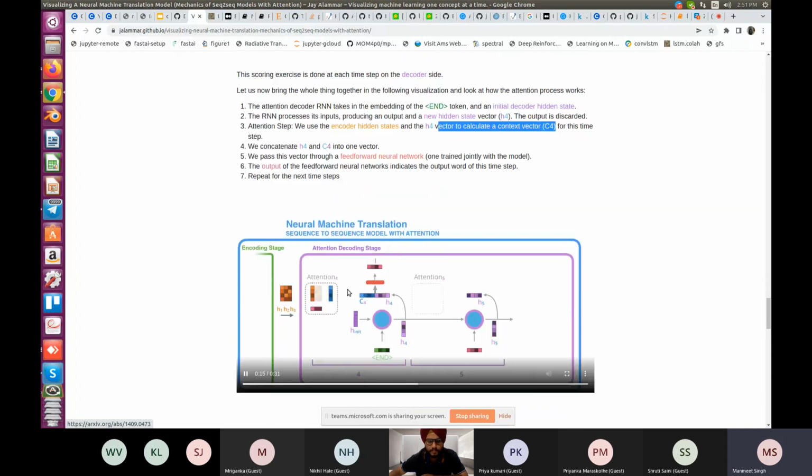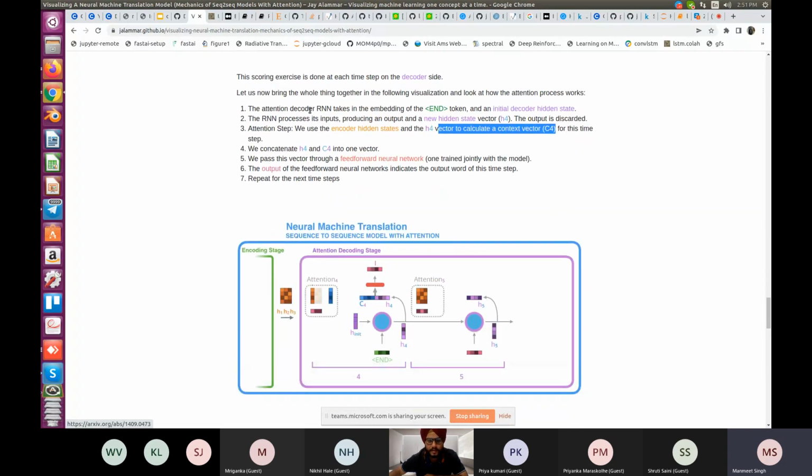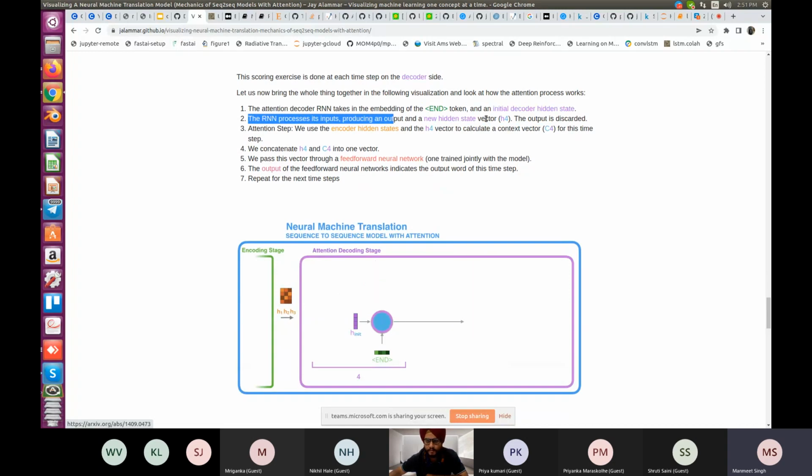So in the attention decoder, you pass in the last element and an initial decoder hidden state, and the RNN processes its inputs, producing an output and a new hidden state vector.